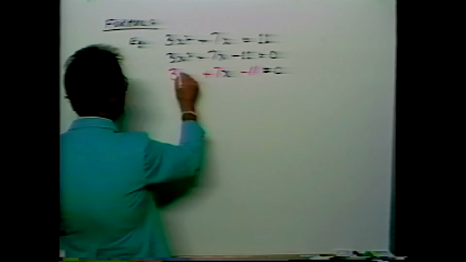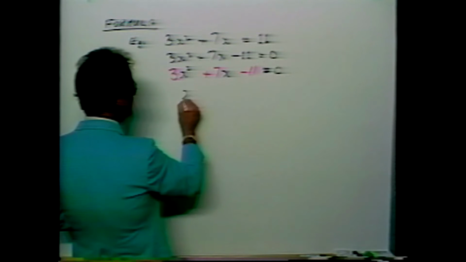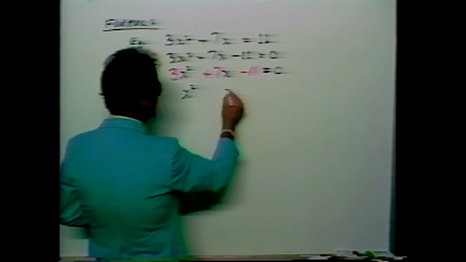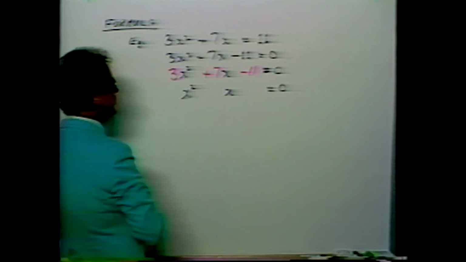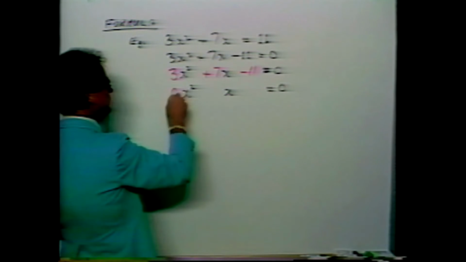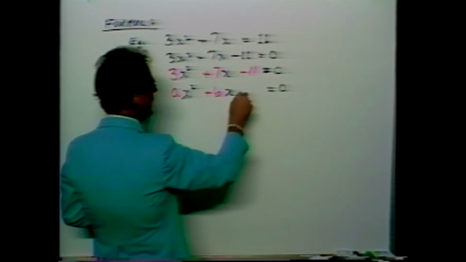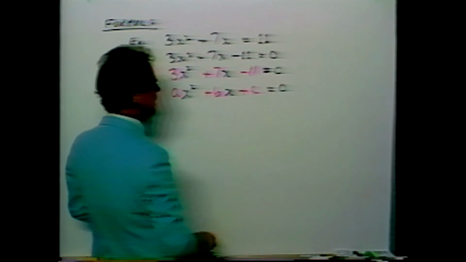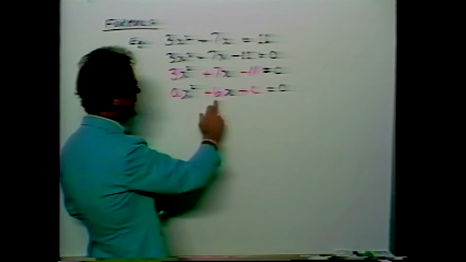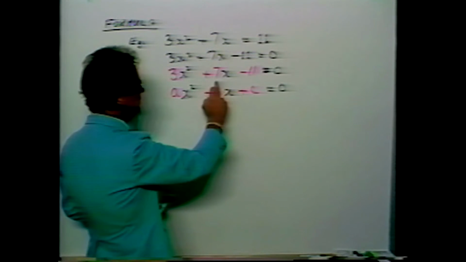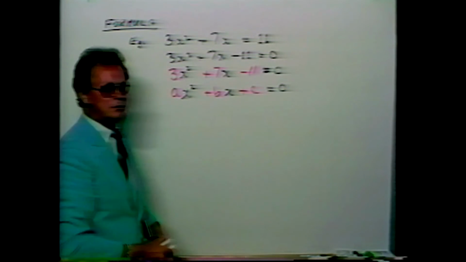There's x and there's x squared. Compare it to the quadratic equation in standard form, ax squared plus bx plus c equals 0. a is 3, b is plus 7, and c is minus 11.